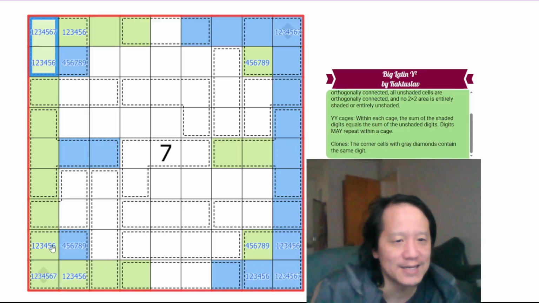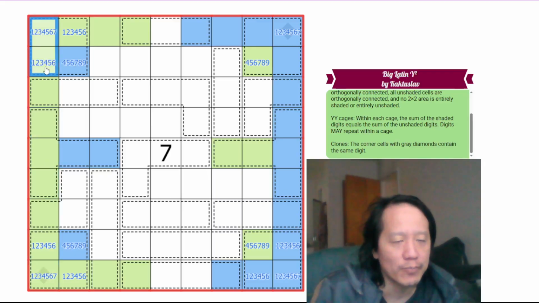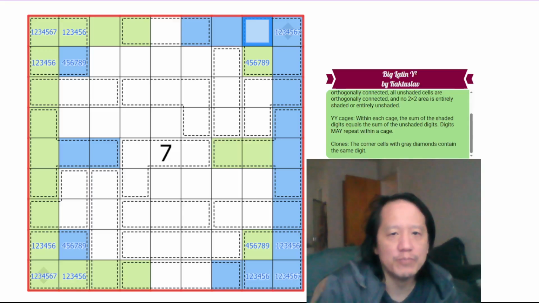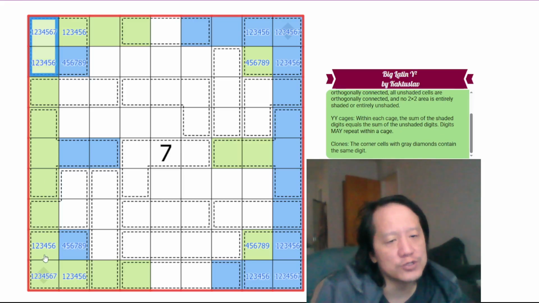So these have to add up to at most 14. Which means this is at least 14 here, because 1 through 7 at minimum adds up to 28. 28 minus 14. And yeah, so this is the same. 28 minus 14. So this is only 2 digits.